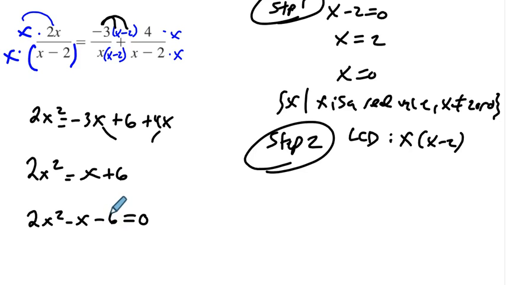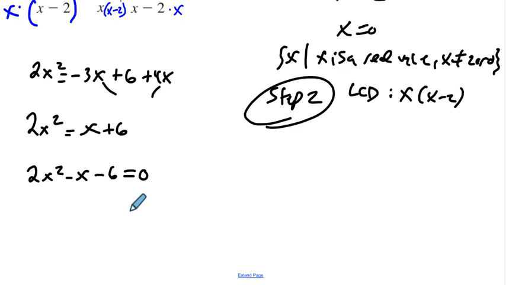So now our goal is to still solve for x, so we want to go ahead and factor this now. And let's see here. If we're going to factor this, I have to get 2x squared, so I'll put 2x and x. And let me see here if I can figure this out.